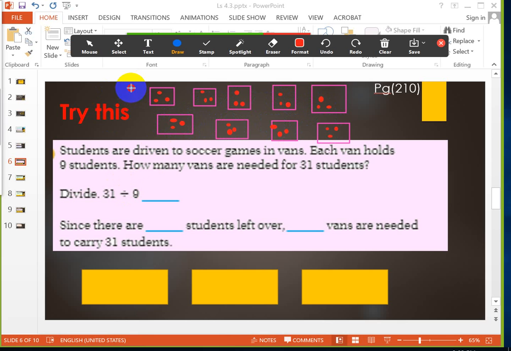That means 28, 29, 30, and 31. I have 4 students. I can divide those 4 students on those 9 groups. So we name those for what? As we learned last lesson, when we divide evenly on 9 groups, look, in each group I have 3. That means the quotient is 3. The quotient is 3 because we divide 31 as we learned.